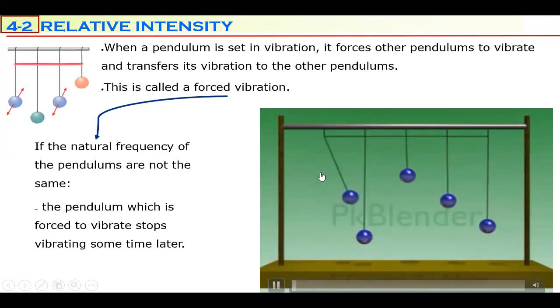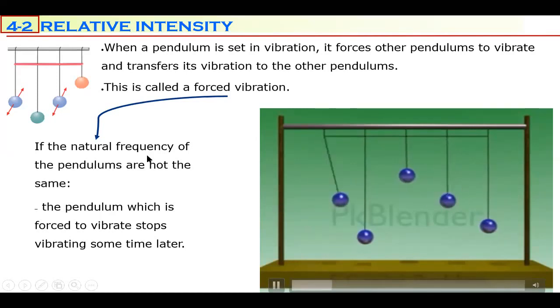The vibration of this pendulum is transferred through this rubber to the other pendulums. All of them are going to vibrate because this pendulum forces the others to vibrate. But some time later, these three will stop, but these two will continue transferring the vibration.